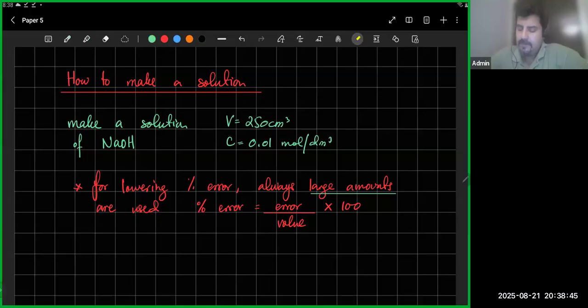And I'm going to tell you why. For example, if I want to make NaOH, how many moles of NaOH is this? What is the mass of NaOH that is needed? Moles is concentration times volume. So it's 0.25 dm cube times 0.01.